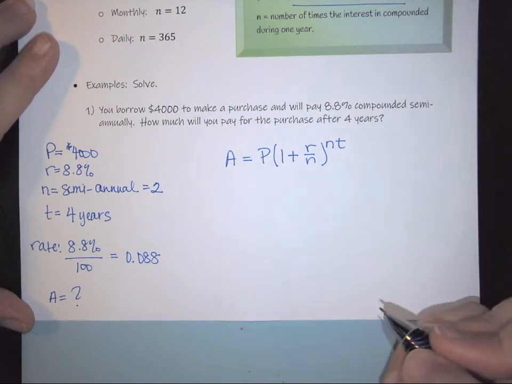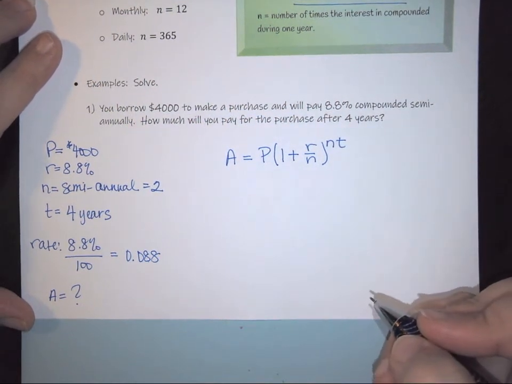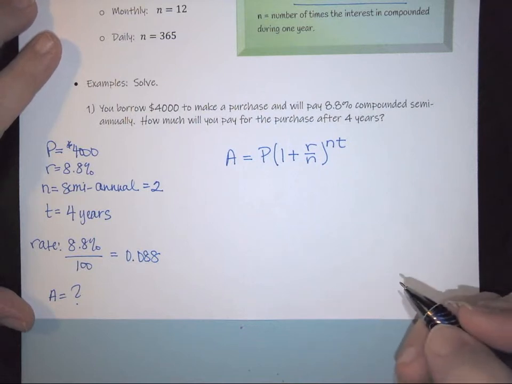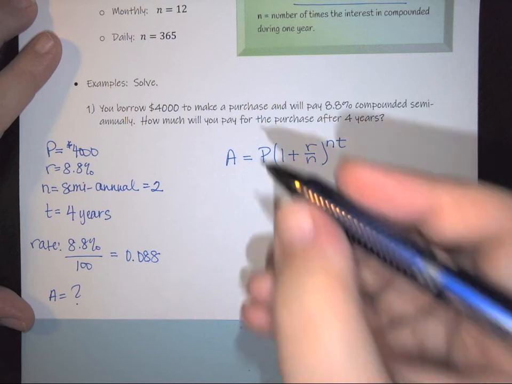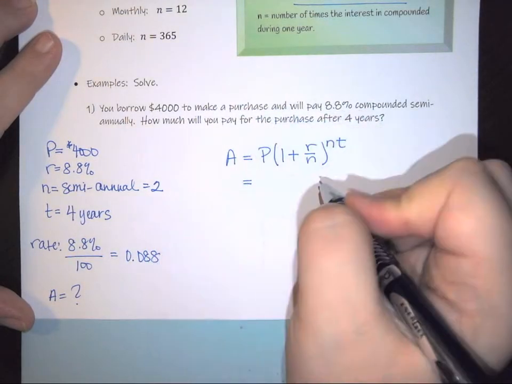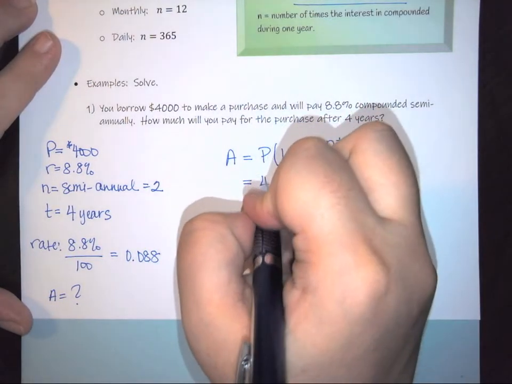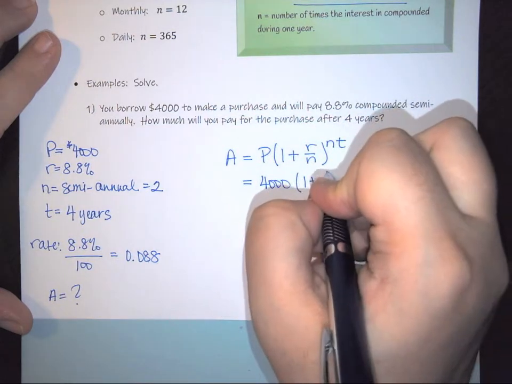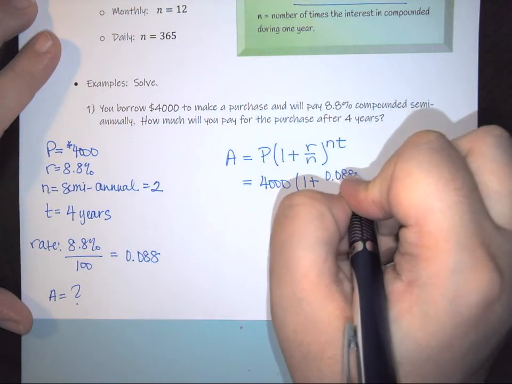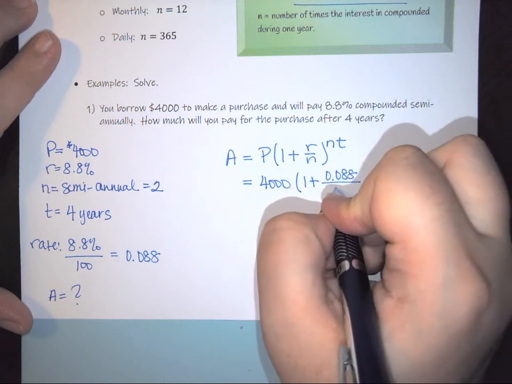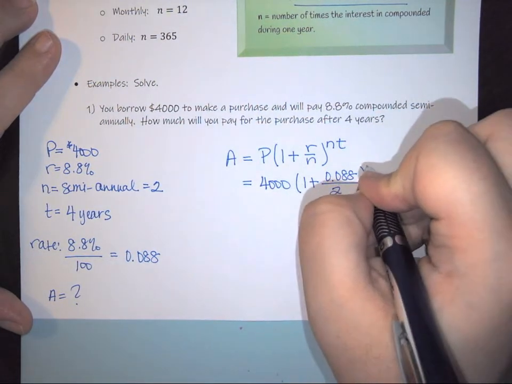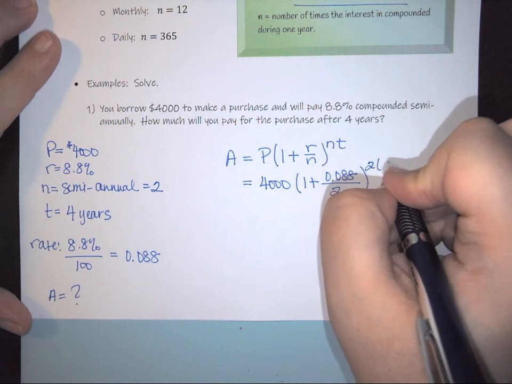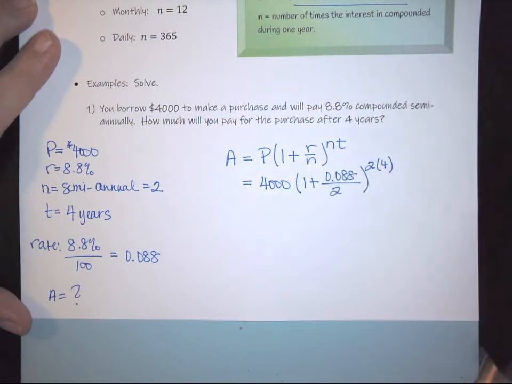So here, when we're talking about compounding, we would then have to plug everything in. So this would be 4,000 times 1 plus 0.088 all over 2, raised to the 2 times 4.